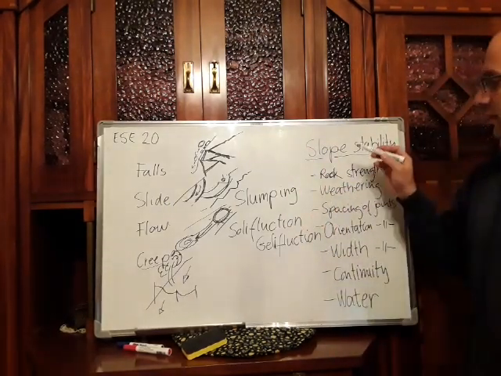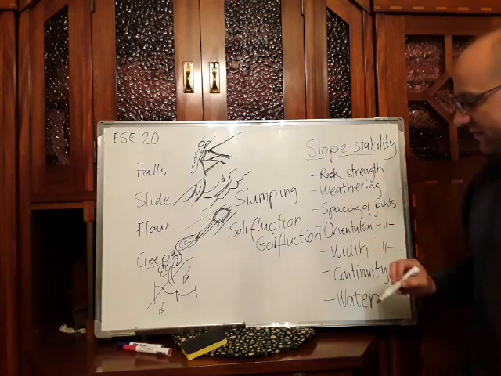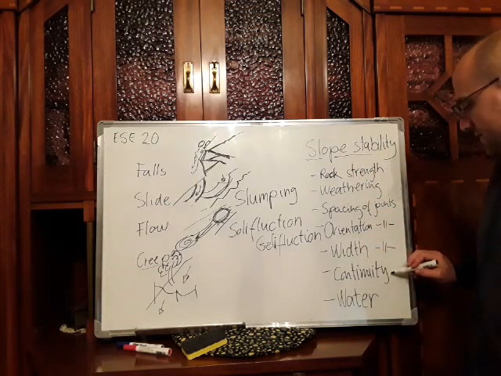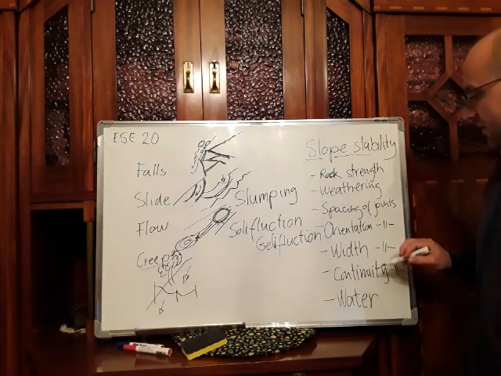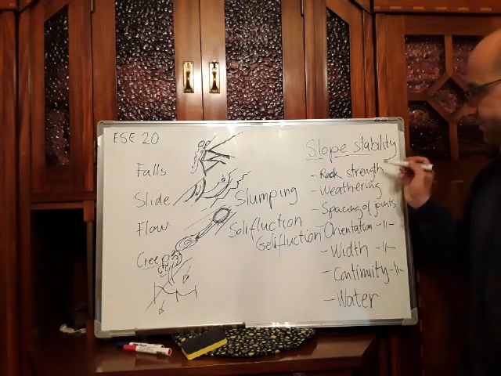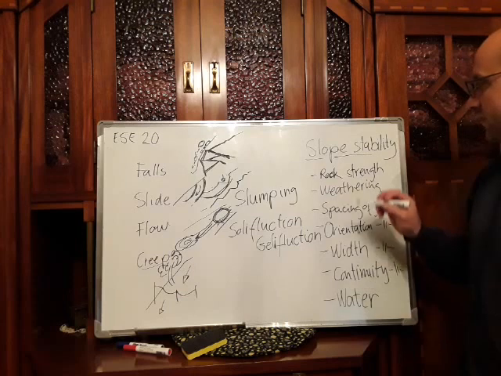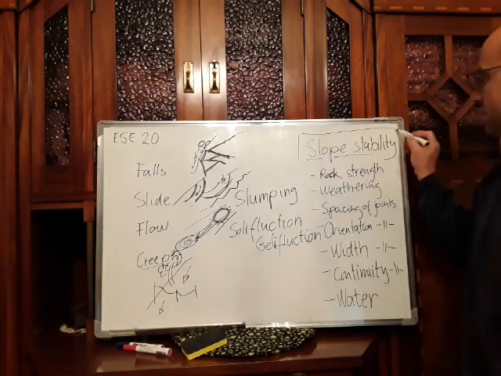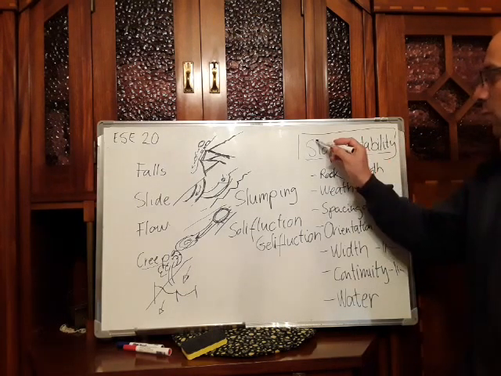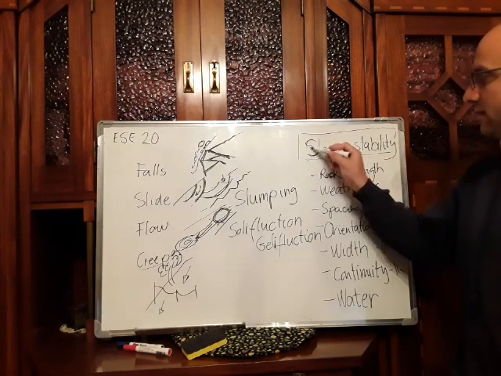So these are then the 1, 2, 3, 4, 5, 6, 7 main kind of factors that would drive the slope stability.